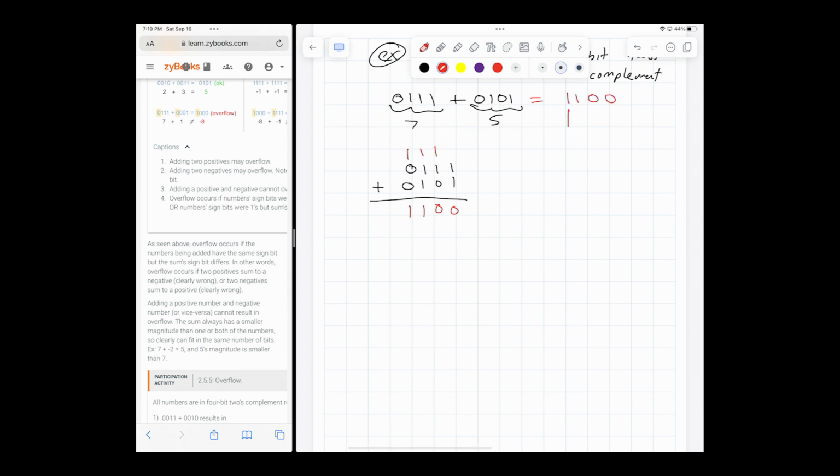And you can tell from the sign bit, we got a negative number, because we know that that first bit is just keeping track of the sign for us. The fact that it turned negative means that something bad happened, okay? So we had overflow. We didn't have enough bits to add 7 plus 5, is what it comes down to.